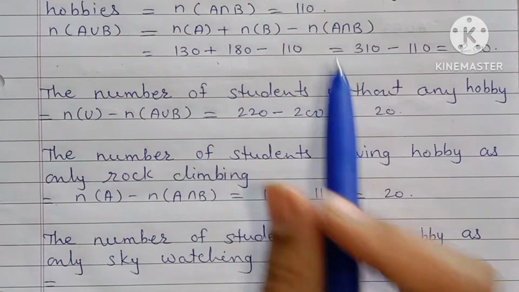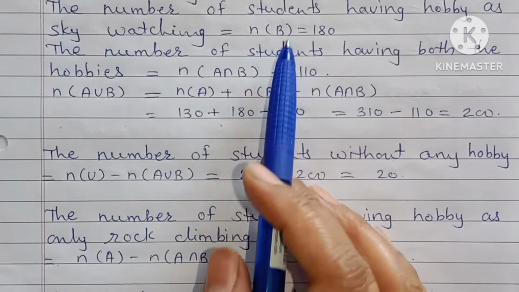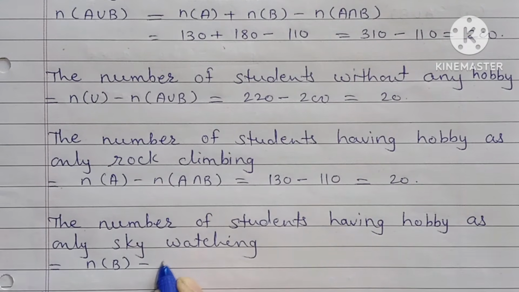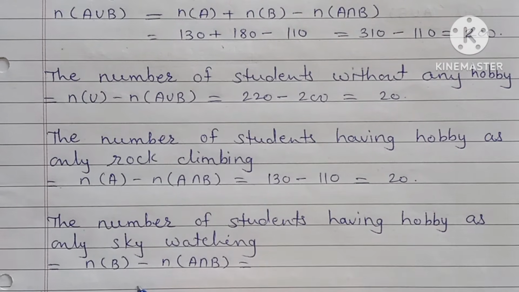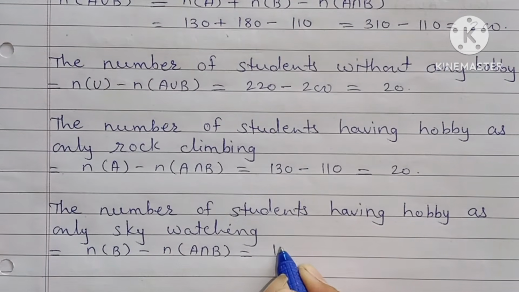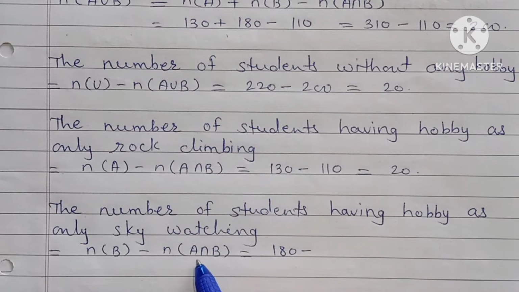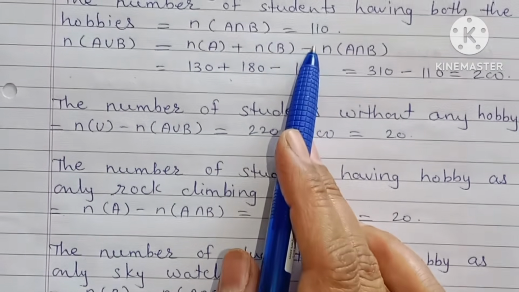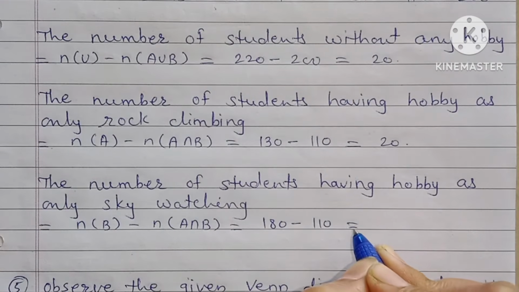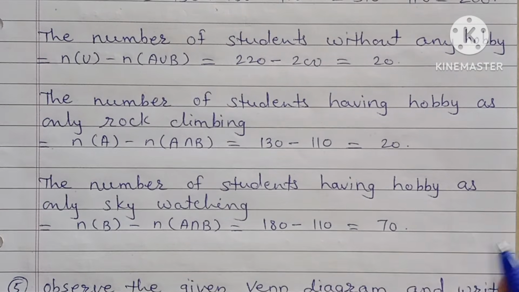For sky watching, n of B. You can take n of B minus n of A intersection B. n of B is how much? 180, means 180 minus A intersection B. How much? 110. 180 minus 110, 70.